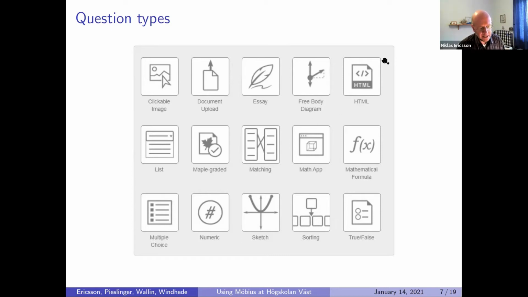Finally, a little bit similar is this one, HTML, where the student instead can work with some kind of web application written in HTML and JavaScript, which gives fantastic possibilities, I think, for building questions. We have not worked so much with these, but that is something that I personally would like to learn more about. So that was a little bit just about Möbius.